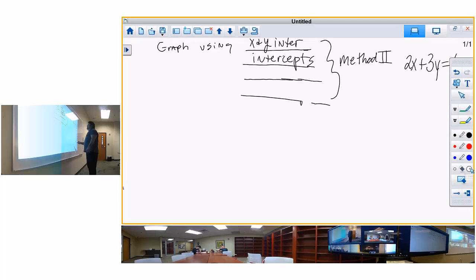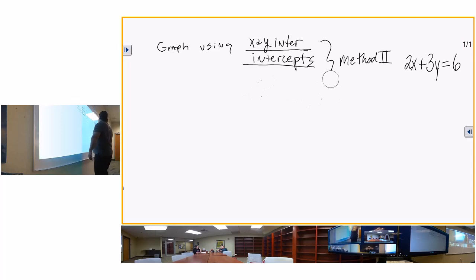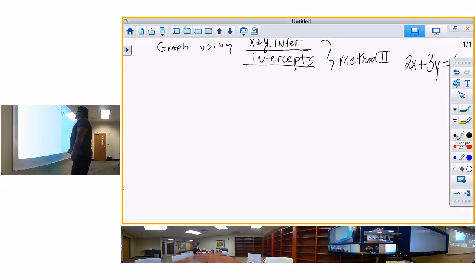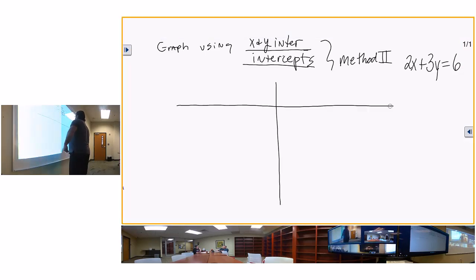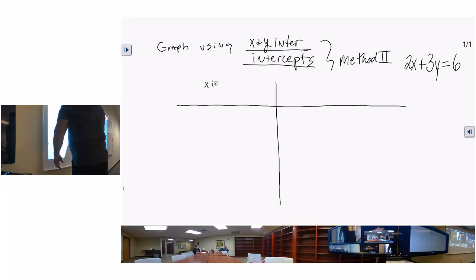So what do you do first? You draw a table. And that table is going to look like this. And over here, I'm going to put x-intercept. I'm going to write the word out, 0 for y.